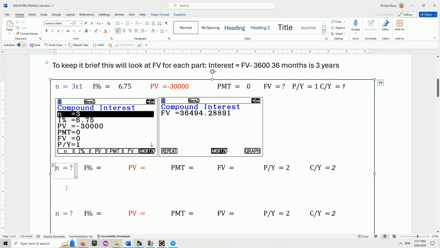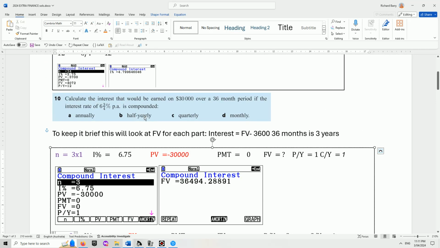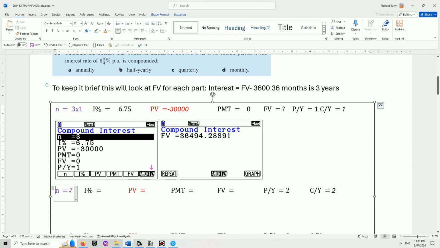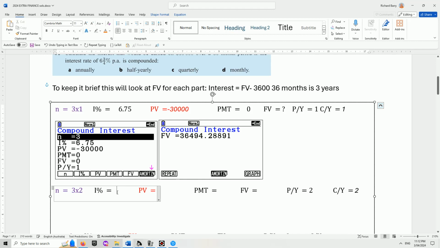Okay. Part 2. Half yearly. Well, N is 3 times 2. This is 6.75. This is minus 30,000. There are no payments in this section.